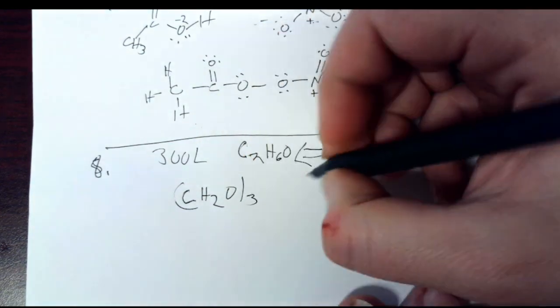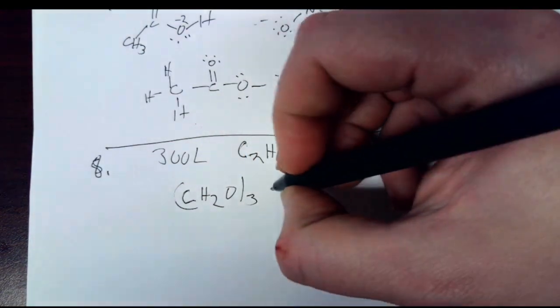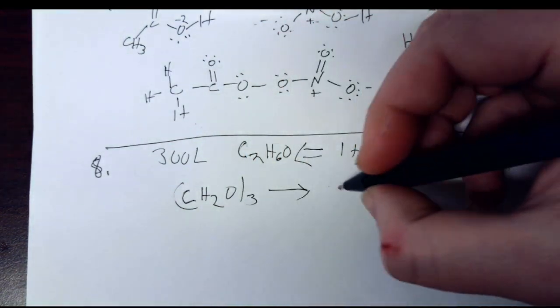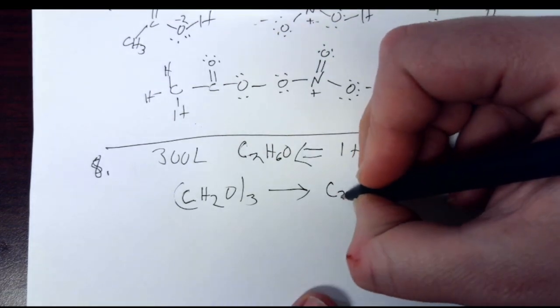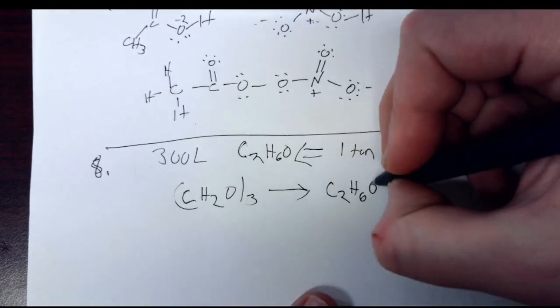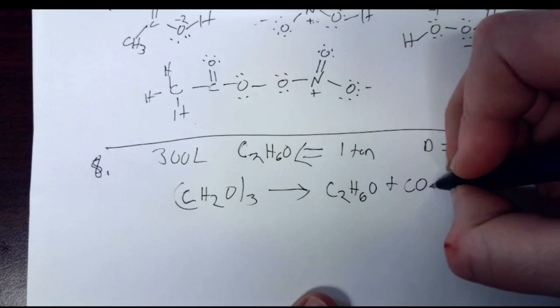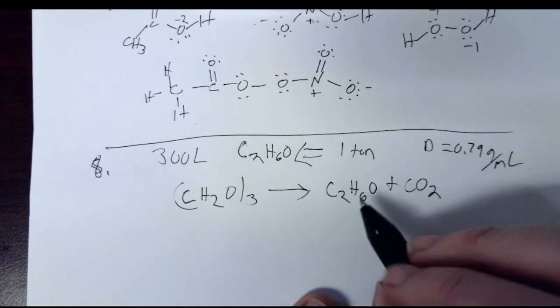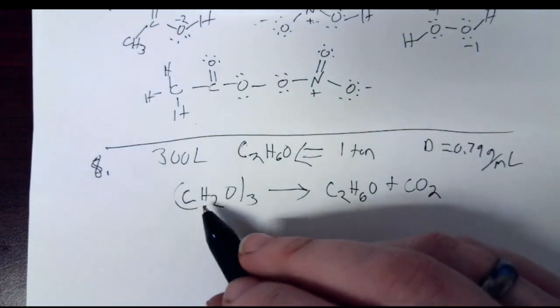Three of those are needed to convert to ethanol, C2H6O, and a CO2. That conversion of that to that.